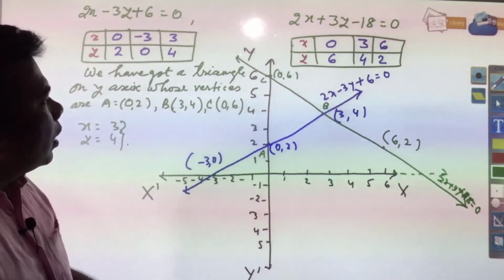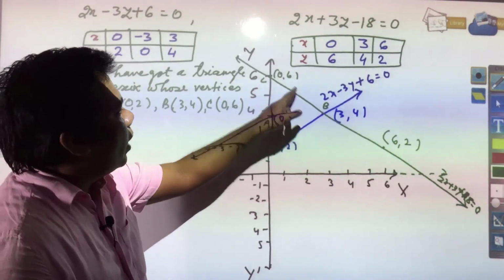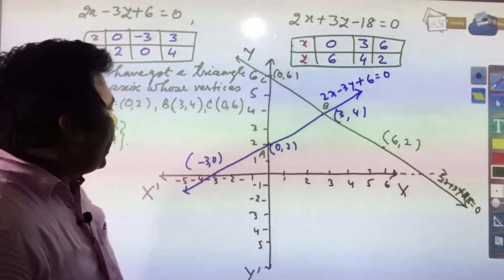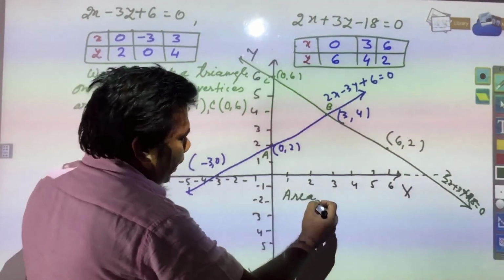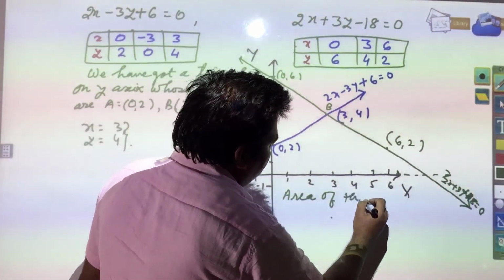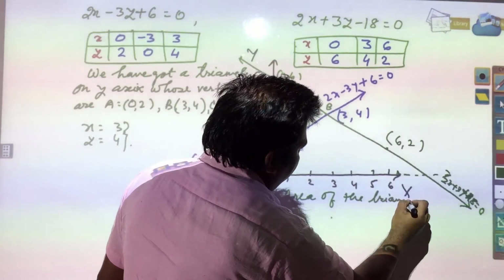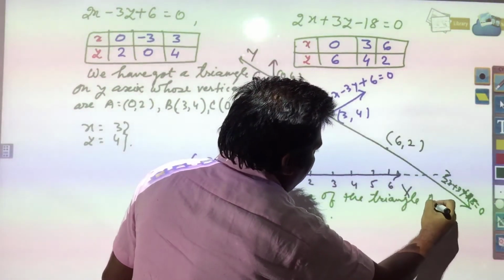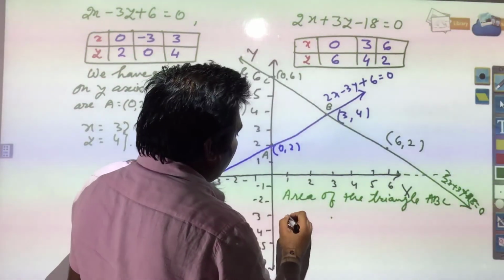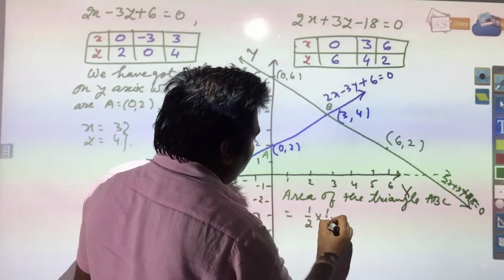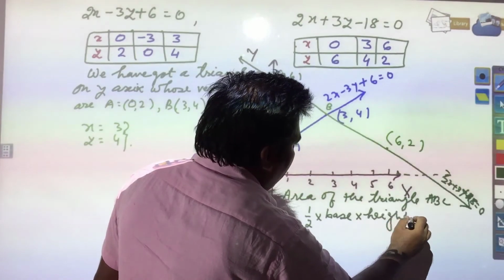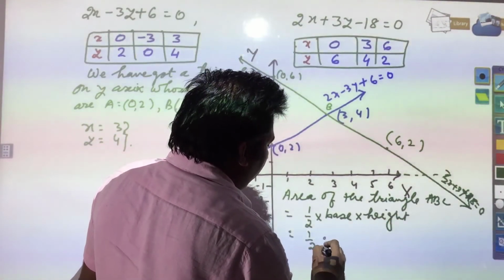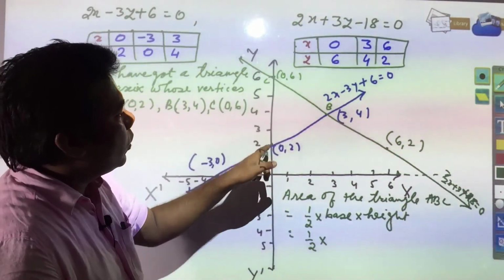Solution you have got. Now, you need to find out the area of this triangle. So, the area of the triangle ABC will be 1 by 2 into base into height, and here on the y axis you need to see.